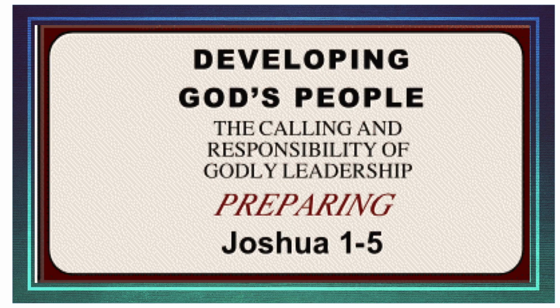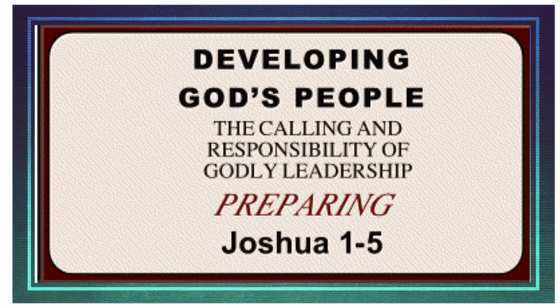The first part of the book of Deuteronomy, I like to label as developing God's people. The calling, responsibility of God's godly leadership. That is, preparing to go in and do the job that God expects to be done.